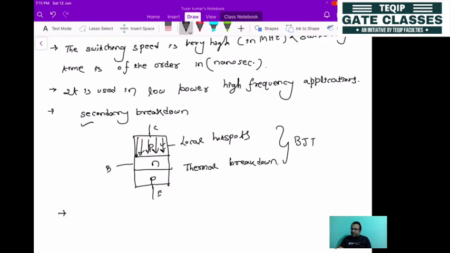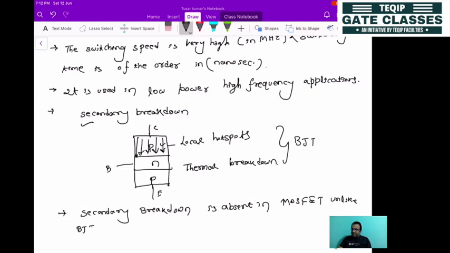But in case of MOSFET, no such phenomenon is found. So secondary breakdown is absent in MOSFET, unlike BJT.